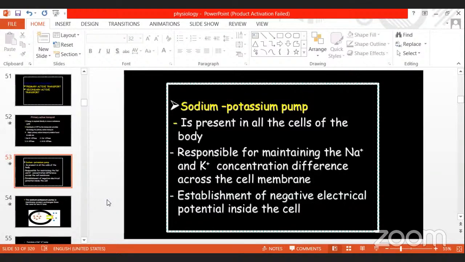The sodium potassium pump is the major primary active transport, which is present in all cells. It helps in the maintenance of sodium and potassium concentration across the cell membrane, which establishes a negative electrical potential inside the cell.